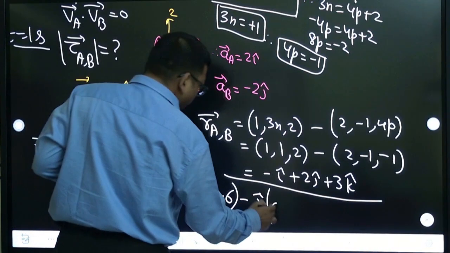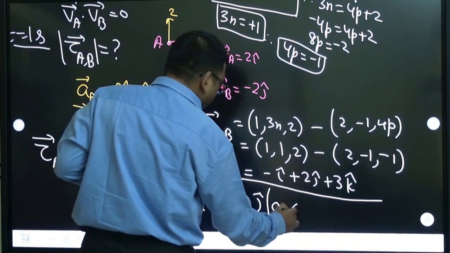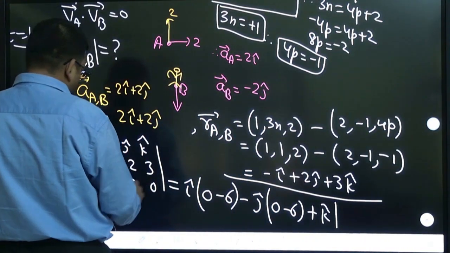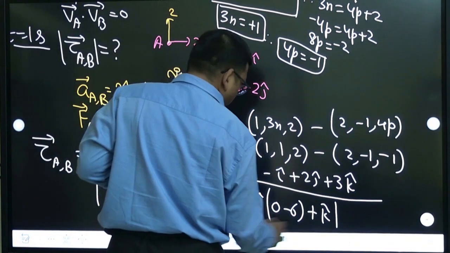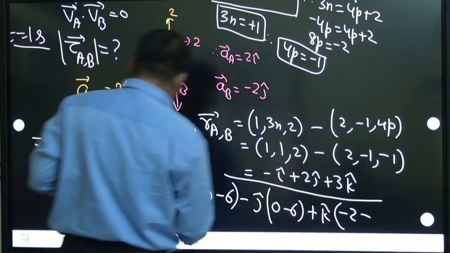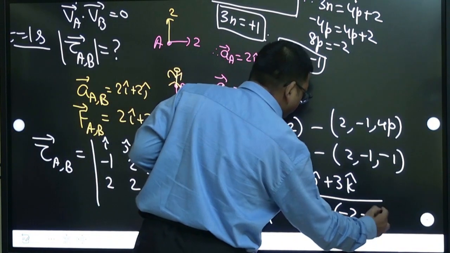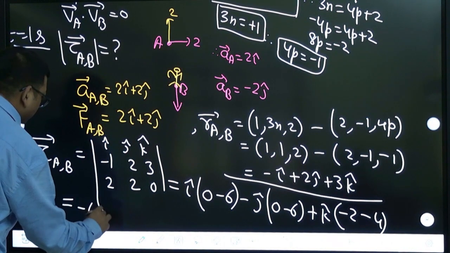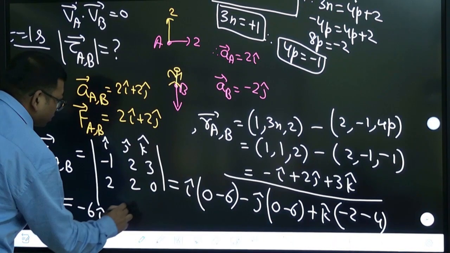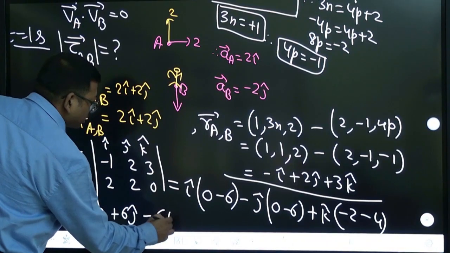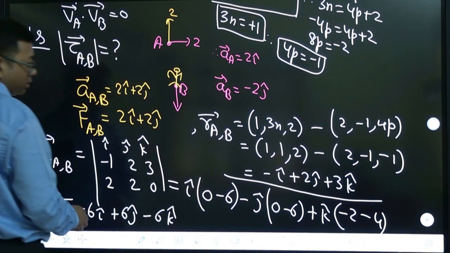Minus 1 into 0, minus 3 into 2 is 6, plus k cap, how much? Minus 1 into 2, minus 2, minus 2 into 2 is 4. So check out how much it is coming. It is coming minus 6 i cap plus 6 j cap minus 6 k cap. All the coordinates are 6, 6, 6, right?